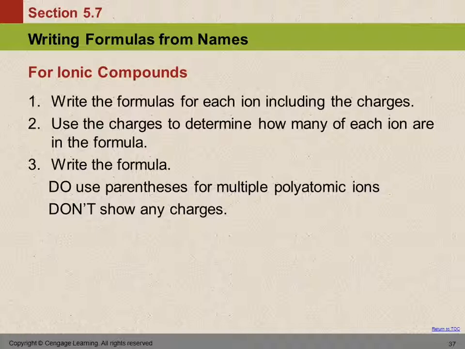The polyatomic ions are like a bundle pack, something you buy at Costco, and you get multiple things bundled together. And the parentheses are like the shrink wrap, and then the number on the outside tells you how many packages you have. In the formula, do not show any charges. So use parentheses for polyatomic ions if we have more than one, and don't show any charges.